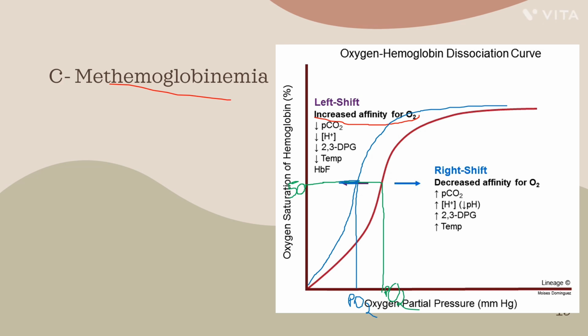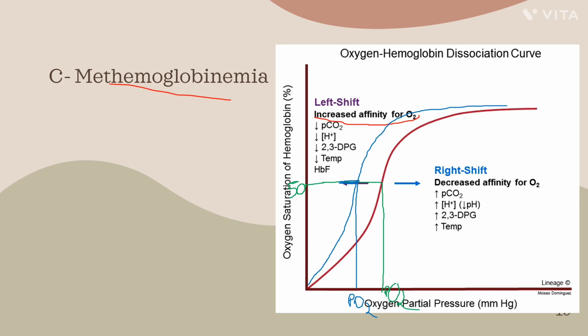When affinity of hemoglobin to oxygen is increased, it is binding to oxygen so adamantly, and it's hesitant to transfer that oxygen molecule to the tissue. That is why tissue will have hypoxia, just like we see in methemoglobinemia. The tissue will have hypoxia because the affinity of hemoglobin for oxygen is increased. For the same oxygen saturation of the hemoglobin, we only need a reduced partial pressure of oxygen.